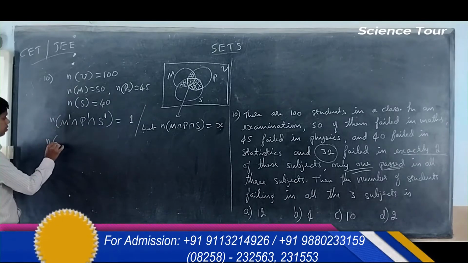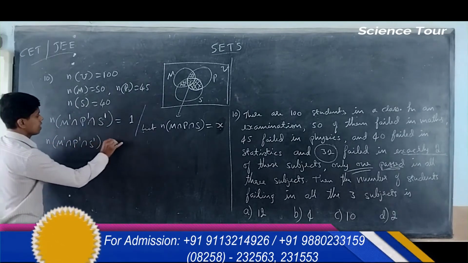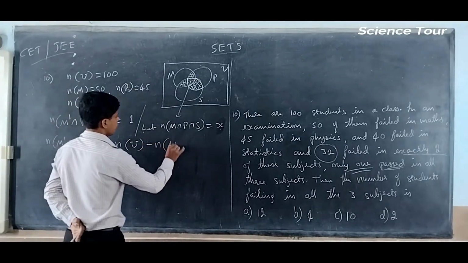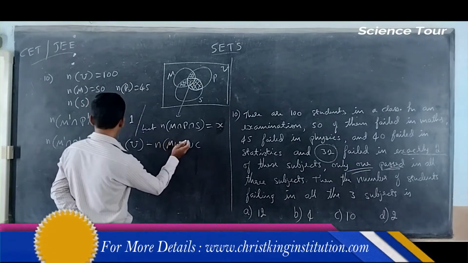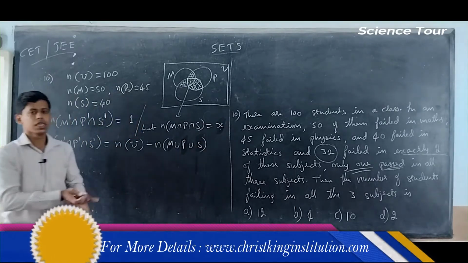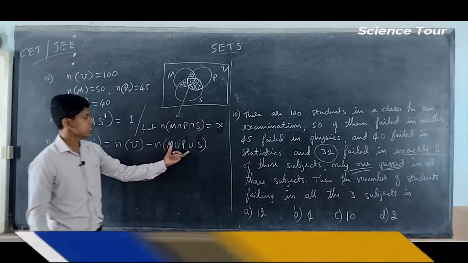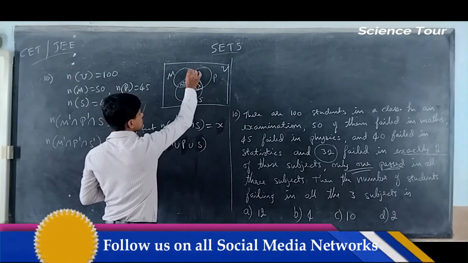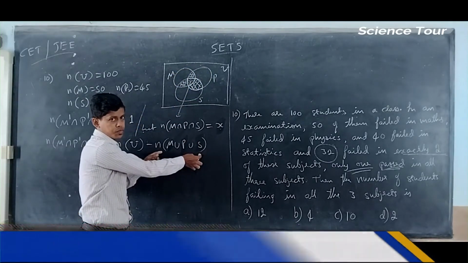This is nothing but n of u minus n of M union P union S. This region represents the region covered by these circles, that is the union.